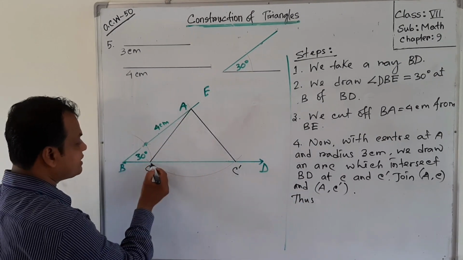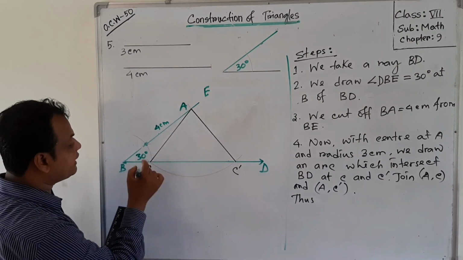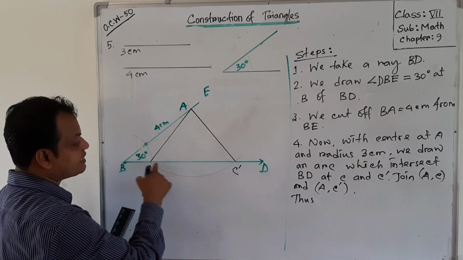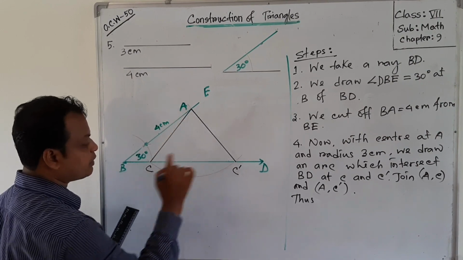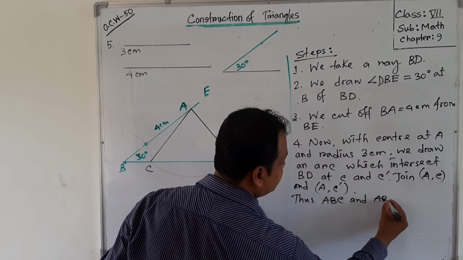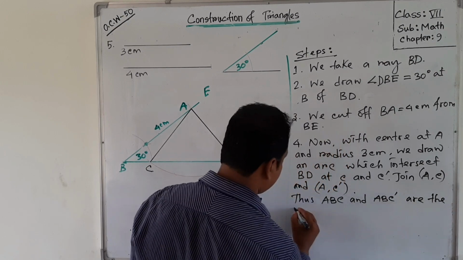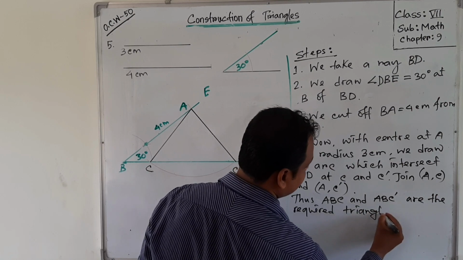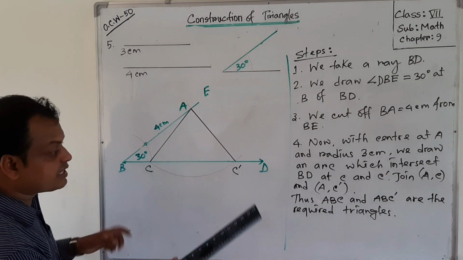One is ABC and another one is ABC prime. In both triangles there will be the 30 degree angle. That's why we cannot say just one triangle. So we say ABC and ABC prime are the required triangles.